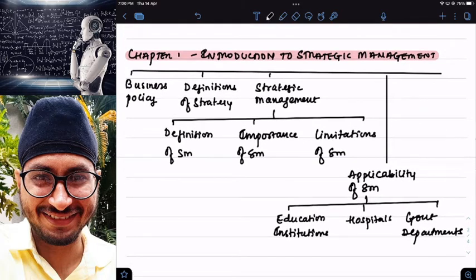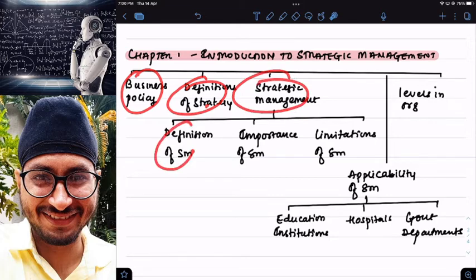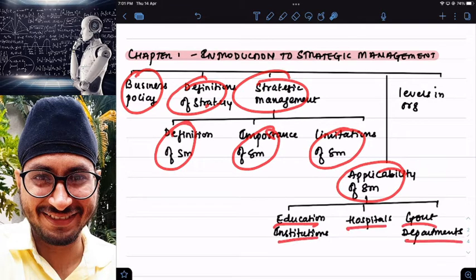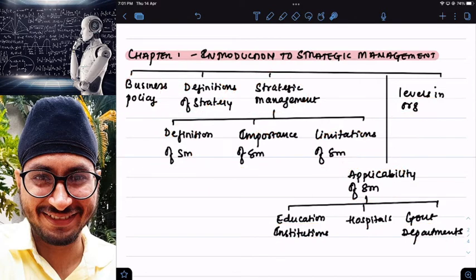And finally, we will also see levels in organizations. So business policy, concept number 1, definitions of strategy, concept number 2, strategic management with 3 concepts, then applicability of strategic management with 3 concepts, and then we have levels in an organization.